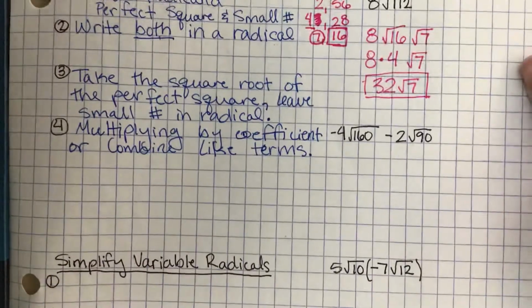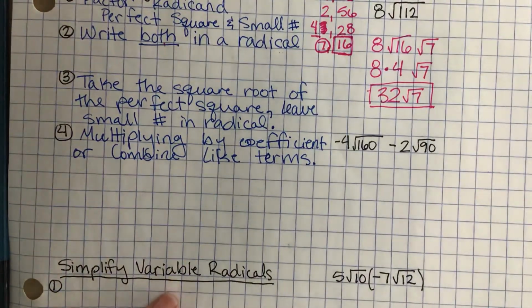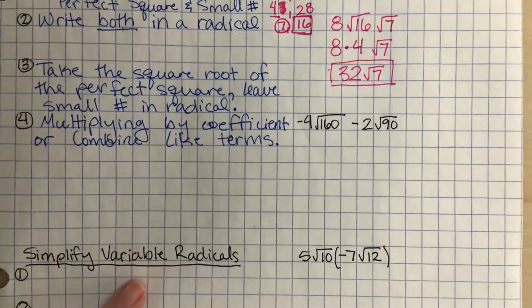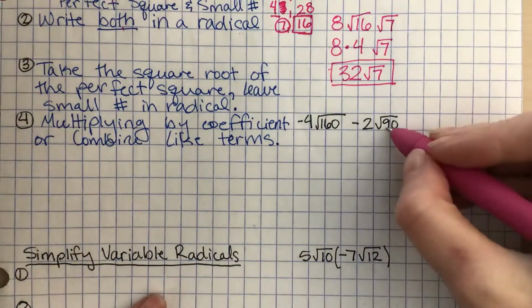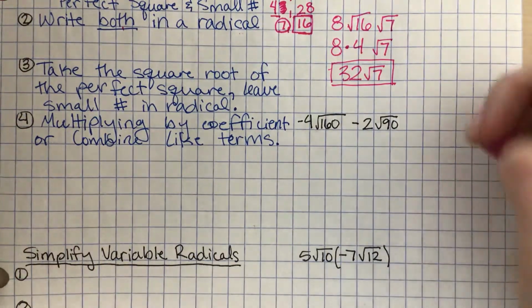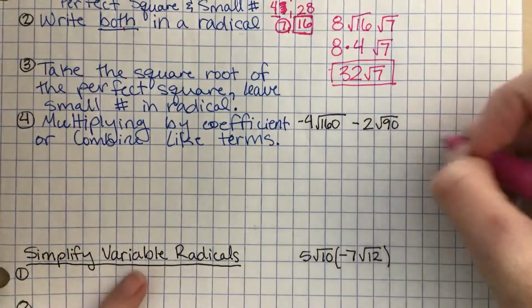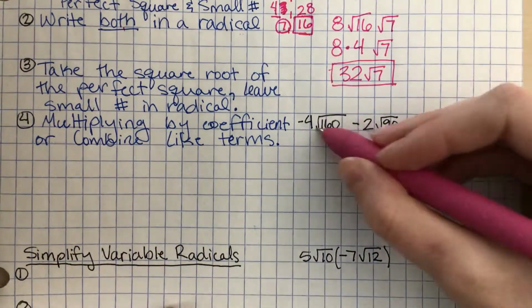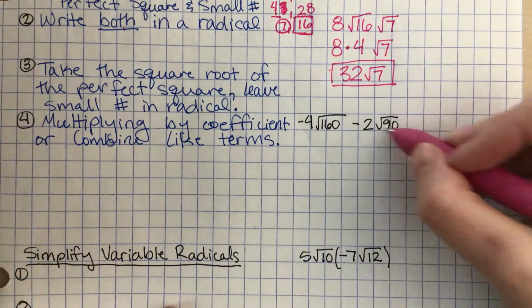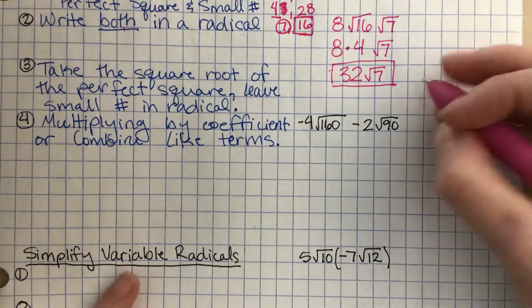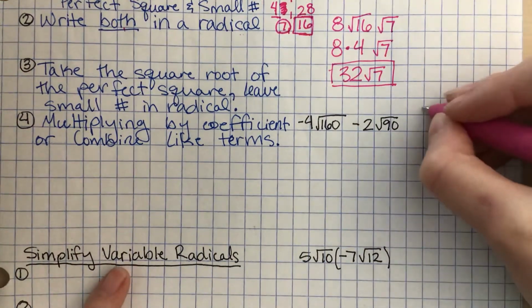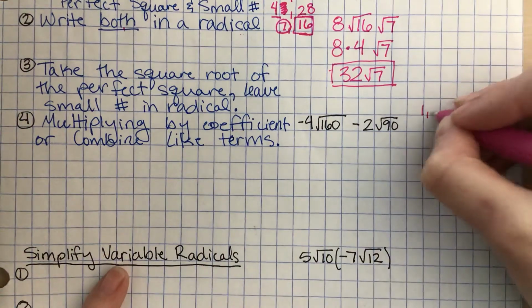Now, for the next one here, we've got -4 times the square root of 160 minus 2 times the square root of 90. So let's take a look here. We want to first simplify these because I know I can't combine two different things. 2 different radicals cannot be combined. So let's do 160 first. So we have 1 and 160.